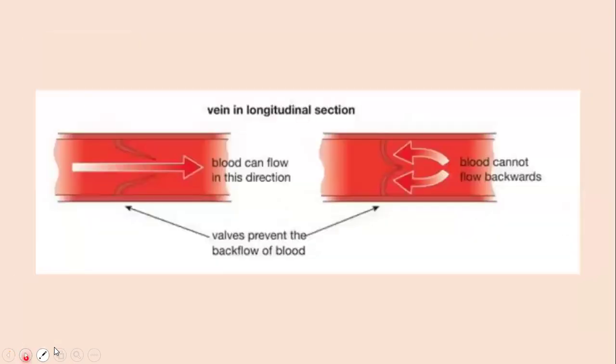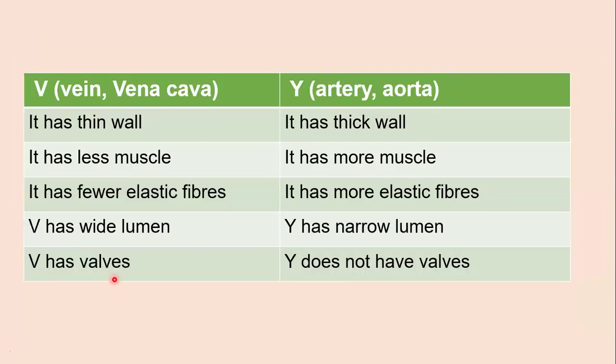Veins have valves, and they prevent the backflow of blood. Once blood has moved, the valves close, so there is no way this blood flows back toward the organs. So V has valves, but the artery, or Y, does not have valves. So these are the differences between V, the vena cava, and Y, the aorta.